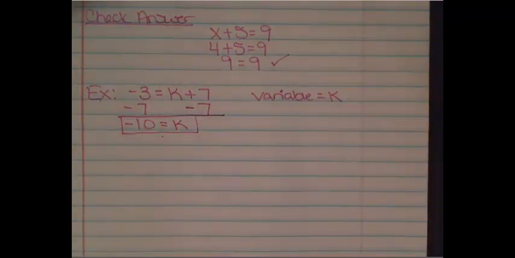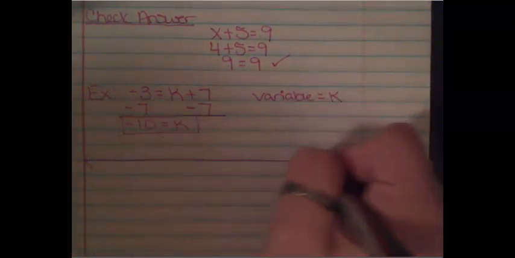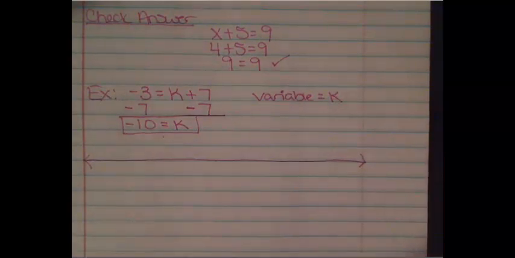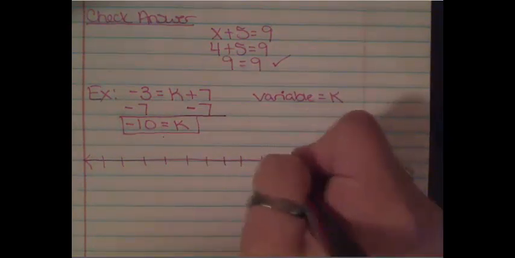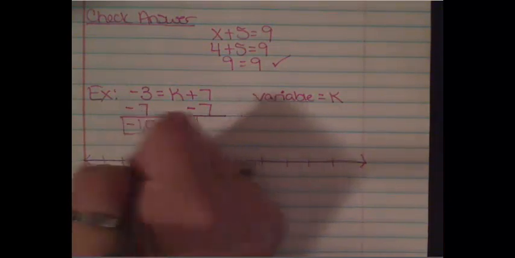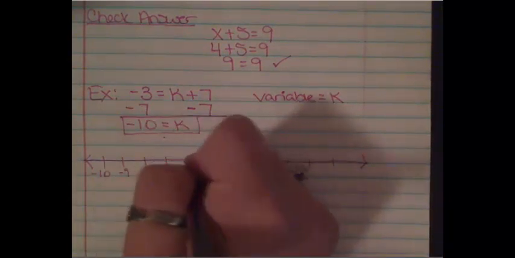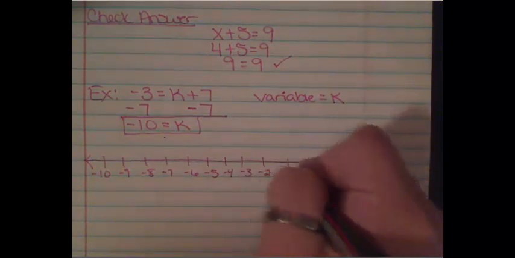Okay. If you want to see how that works, because I know sometimes adding negatives and negatives can get confusing, let me draw you a number line. So here's negative 10, negative 9, and so on down to 0, 1.